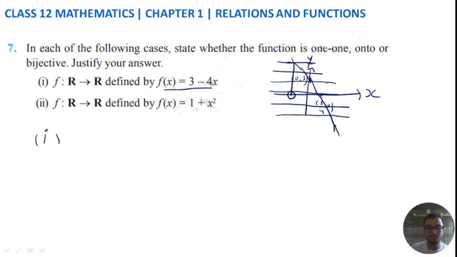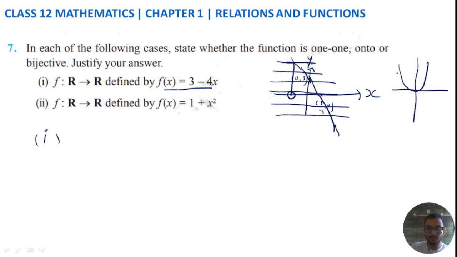Why? Suppose it is intersecting twice, suppose the graph is like this. This is a very well known graph, x square. Even in this second question, the function is 1 plus x square. So this is the ideal graph. This will be shifted. If I am taking f of x equals 1 plus x square, it will be shifted by 1. Okay.